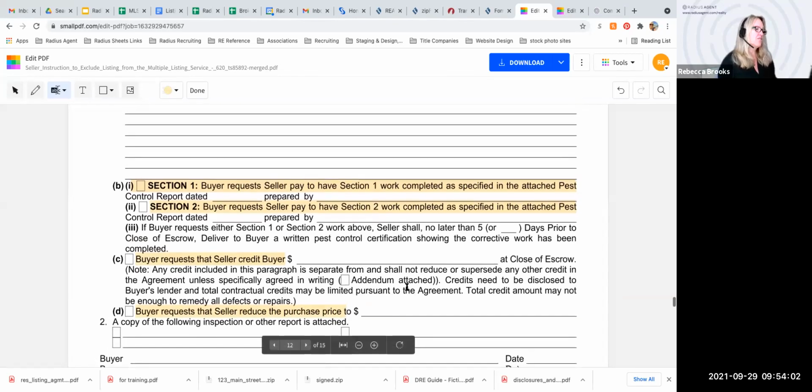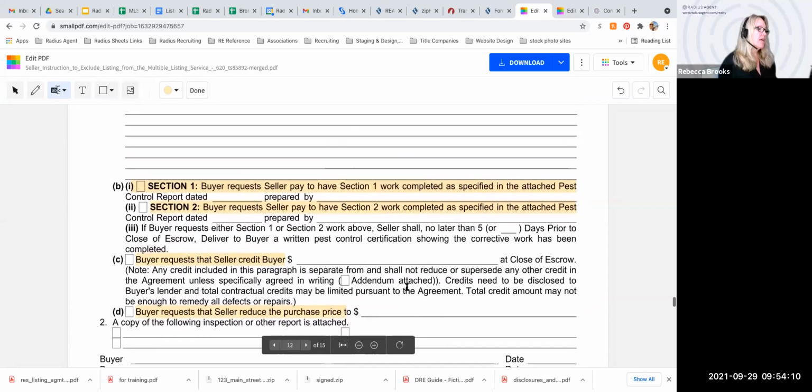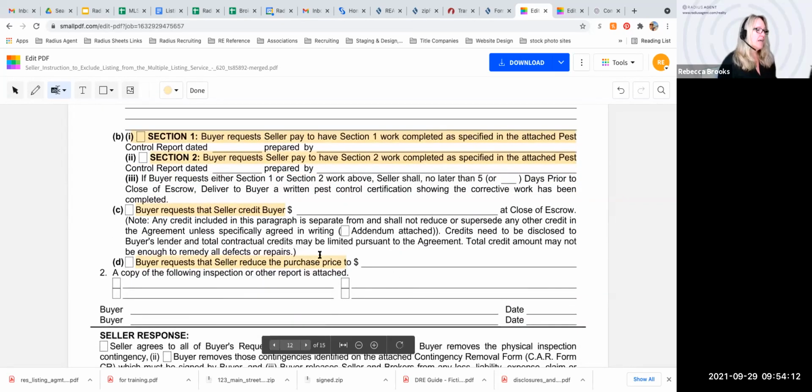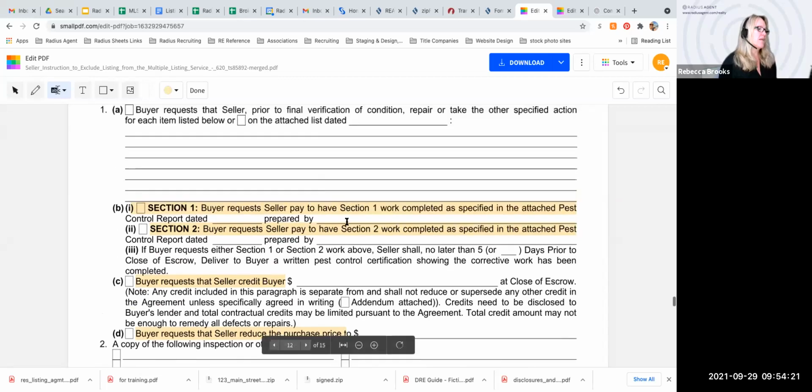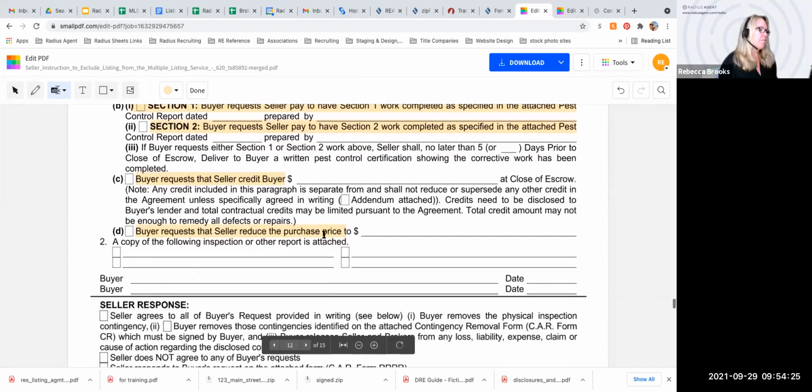This gives you all these options on what it is that your buyer is asking the seller to do. Most of the time, I'm going to say that we see a price reduction, and then sometimes we see a credit, and sometimes we see a request for repair, depending on what it is.